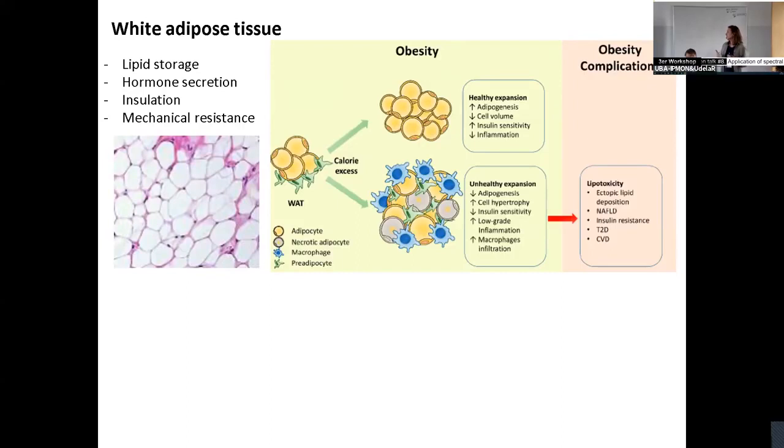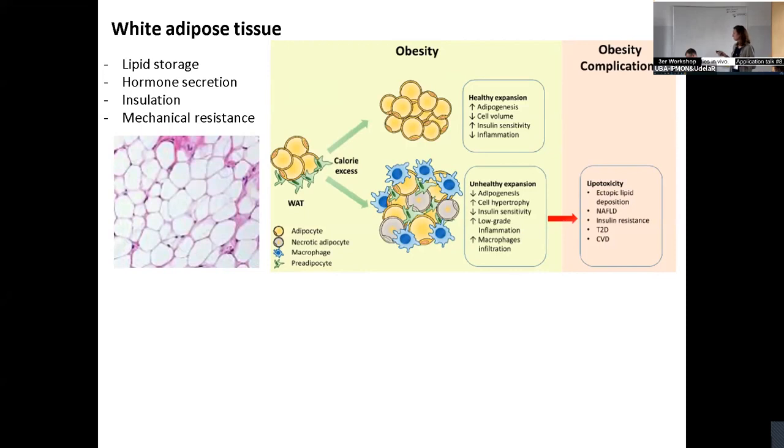But in contrast, if the fat is accumulating within the cells that are already present in the tissue, the cells begin to expand, and this may affect their function and also lead to cell death, with inflammation and dysfunction of the tissue.